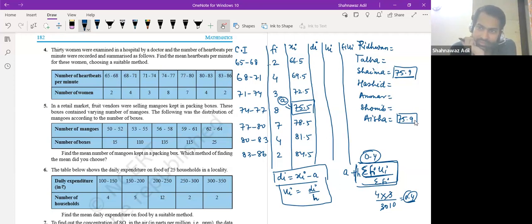Good. Remember, this term has to be 0.4, then you'll get the answer. Shaima has already told that the FIUI sum is 4. Oh yeah, so the sum of this is 4.